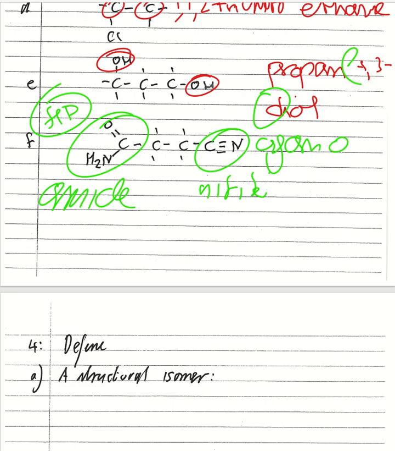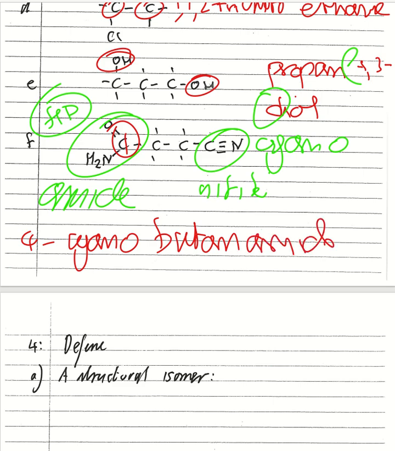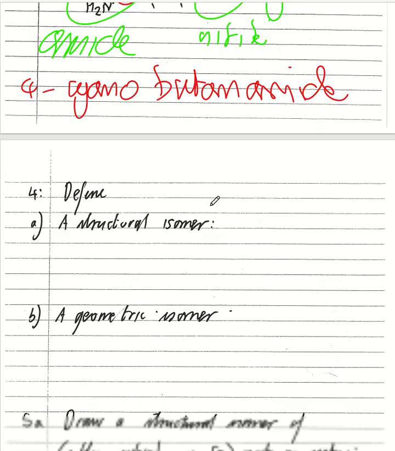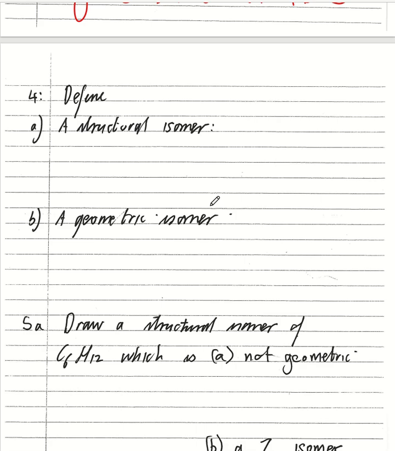So therefore we have 4, because the high priority gets the lowest number, which is of course number 1. 4-cyano, 4 carbons in this in total. It's butane, and the high priority group, which gets the suffix, is the amide. So 4-cyanobutanamide.